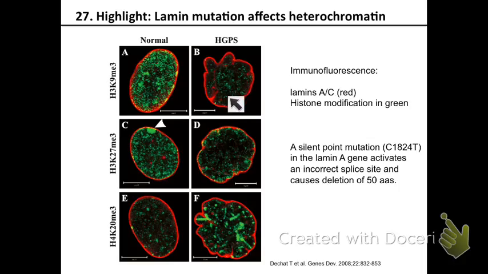You see less H3K9 methylation, and you do not see these heterochromatin domains that are juxtaposed to the nuclear membrane. And you can see that other types of histone modifications are also affected, but not the same way as H3K9 methylation. What that's telling you is that the lamin A mutation and the problems in the nuclear envelope are causing problems in the way that the heterochromatin is organized and the way that the heterochromatin marks are made.